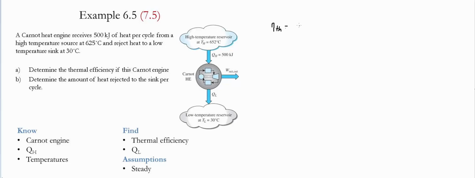So the efficiency is equal to 1 minus the low temperature divided by the high temperature. Remember that these temperatures must be in absolute units. So it's 1 minus, we have 30 plus 273 Kelvin, and the high is going to be 225 plus 273 Kelvin.